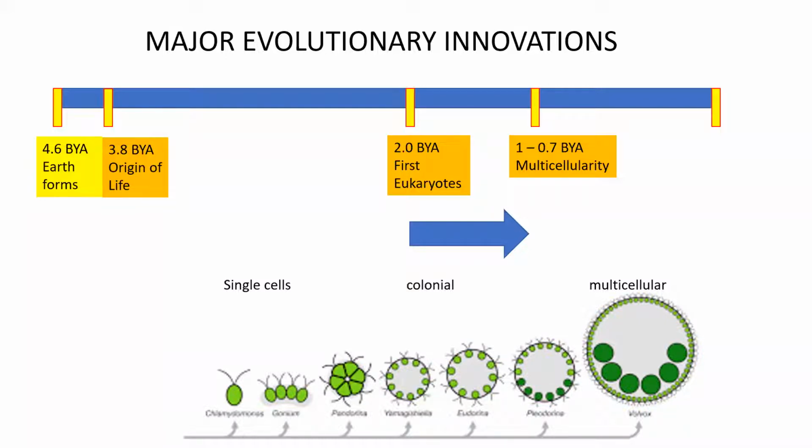There are single-celled algae. There are colonial algae that just gain a benefit by being bigger. So they're not as easy to eat. Fewer predators can eat them because they're clumped up. And then the next benefit of working together is there can be a division of labor.